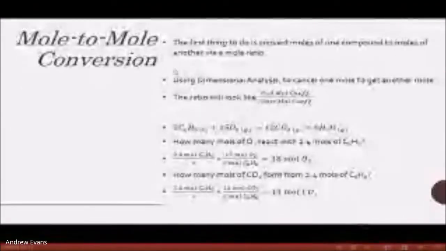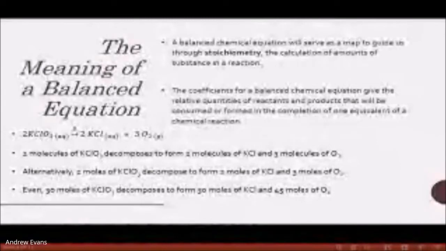So now, last chapter, we just started to introduce the idea of balancing chemical equations, where we put the coefficients in front of the compounds in order to make the number of each type of element on each side equal.